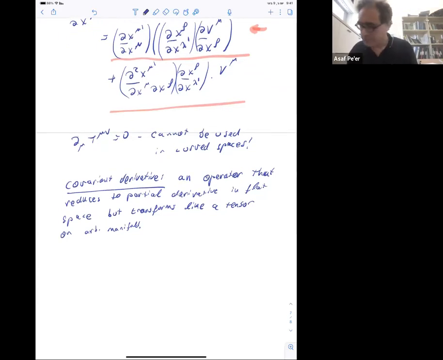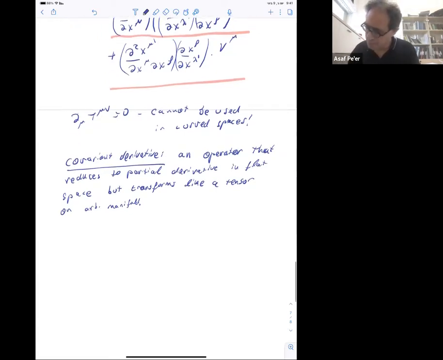So in order to construct that, we have to first look at the transformation law of the affine connection.